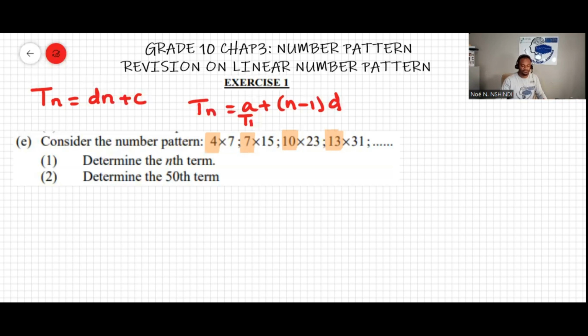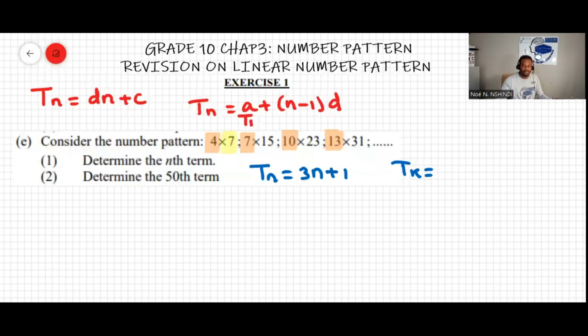So I can say here we have a pattern Tn, which is 3n, and then if you have 3 to get 4, we need to plus 1 there. Okay, and then we have another pattern here. I can call it Tk, where over here it's 7 and then 15 and then 23 and then 31. You notice that here it's also a fixed number, which is 8.